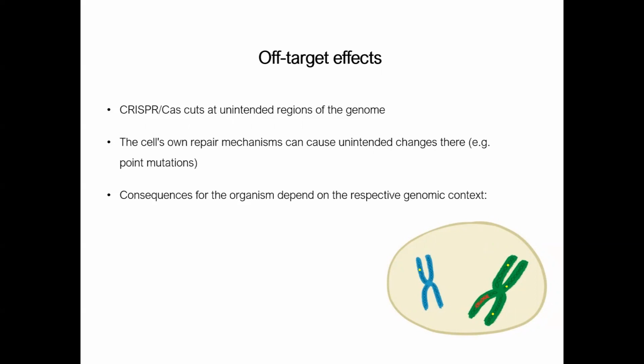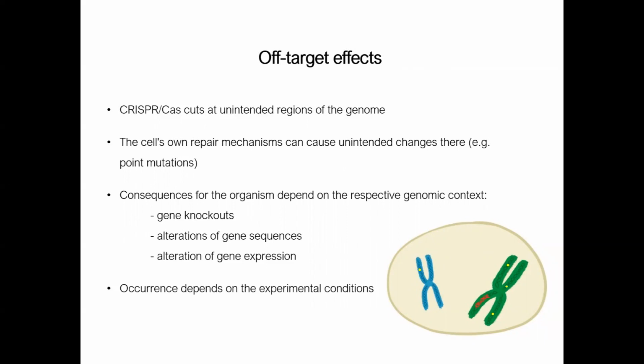The off-target changes can have various consequences for the organism and depend on the respective genomic context. The unintended changes can lead, for example, to gene knockouts, to alterations of gene sequences, or to an alteration of gene expression. The occurrence of off-target effects depends on the experimental conditions. Above all, the development of a specific guide RNA, the type and amount of the gene scissors used, the type of application, and also the temperature during the experiment play an important role.